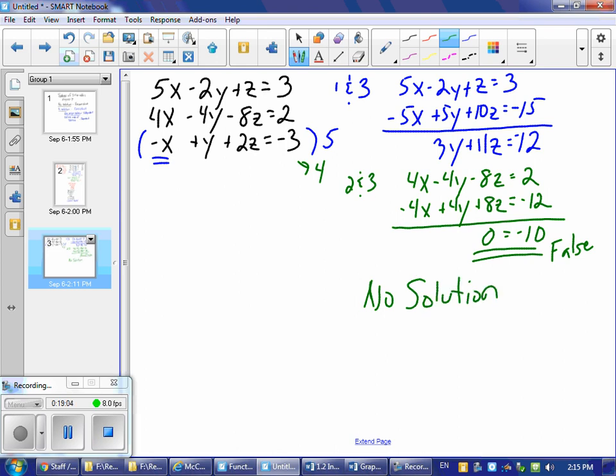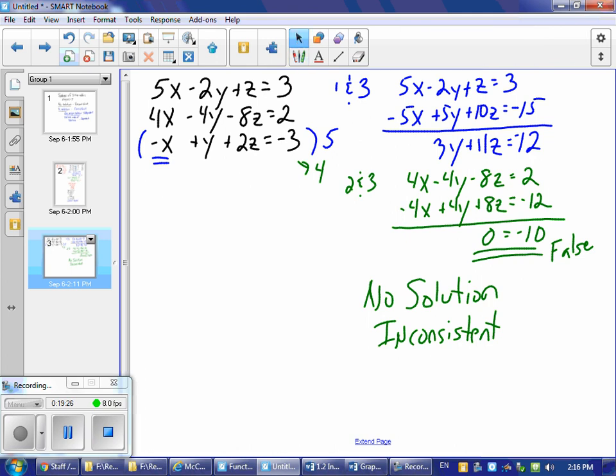Which, if you remember what we talked about earlier, is going to be inconsistent. The prefix in means no or not. Inconsistent. No solution.